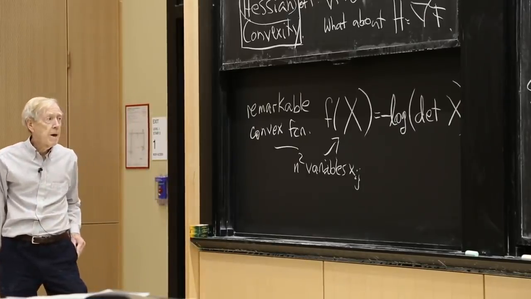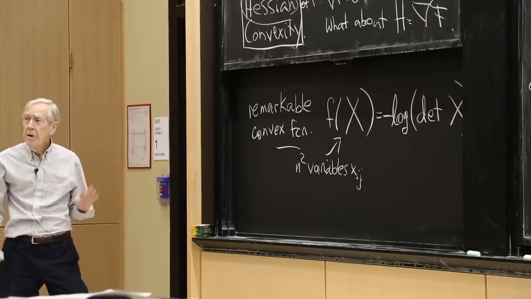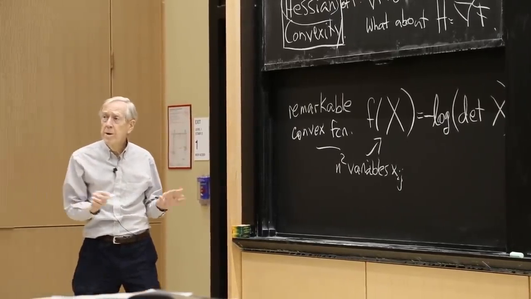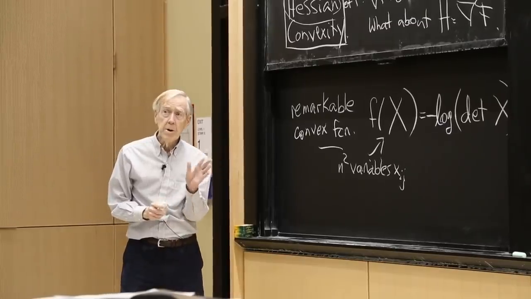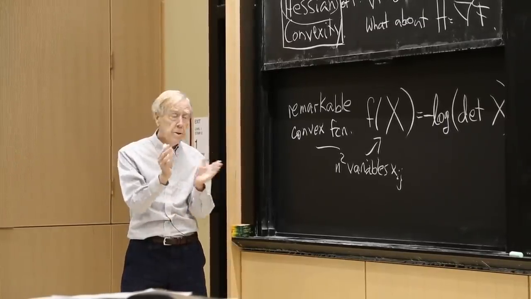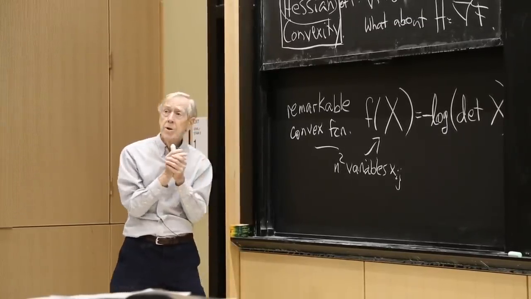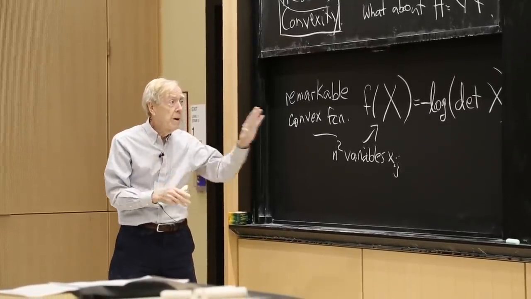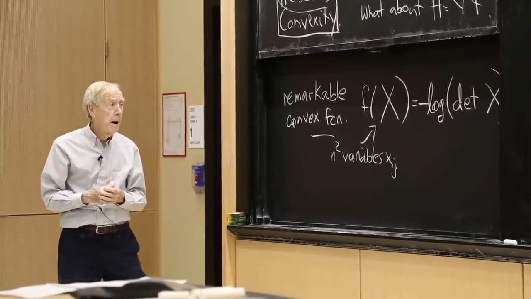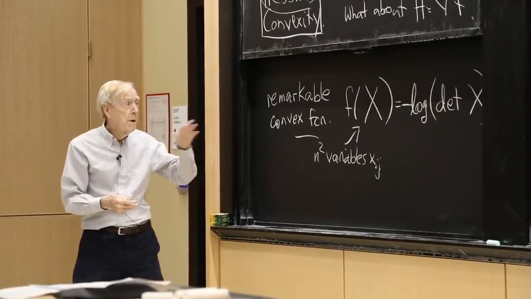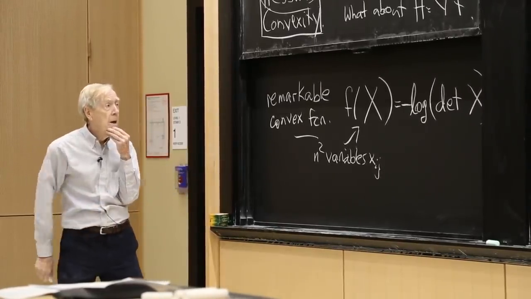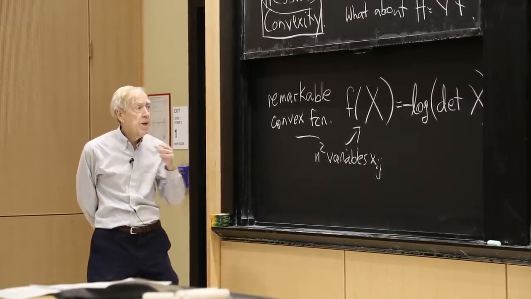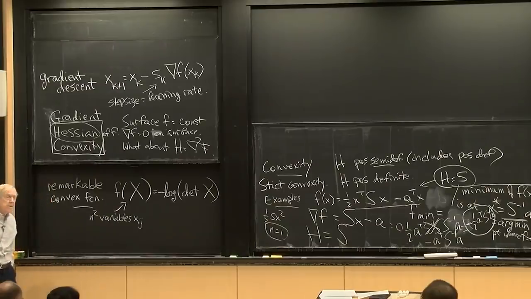That turns out to be a convex function. And even to just check that for 2 by 2. Well, for 2 by 2, you have 4 variables because it's a 2 by 2 matrix. We could maybe check it for a symmetric matrix. I'd move down to 3 variables. But I'd be glad if anybody who's ambitious would see why that log determinant is a remarkable function.